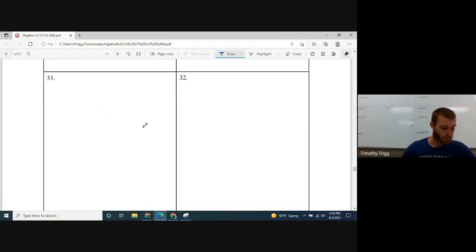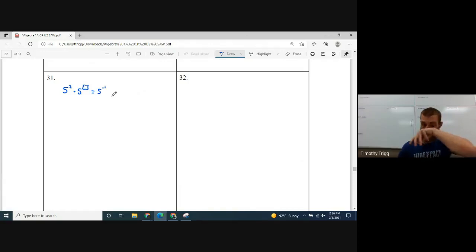31. Complete each equation. So here we have 5 squared times 5 to the blank. They just got a blank spot. Equals 5 to the 11th power. Okay.